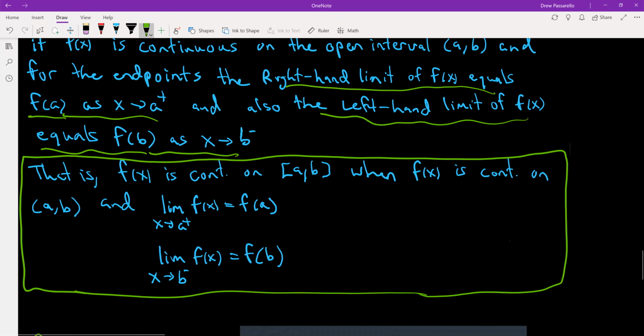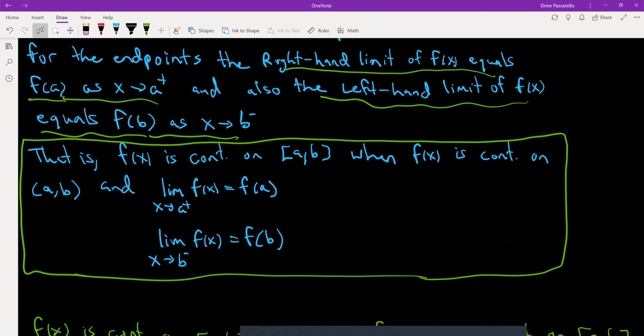And then once it meets those, so I wrote it in mathematical terms, so that is f of x is, and I usually do CONT for continuous on [a, b] with the brackets, meaning it's closed, when f of x is continuous on the open interval (a, b) with the parentheses. And you have the right-hand limit, x approaches a, equal to f of a, and then the left-hand limit as x approaches b equal to f of b.